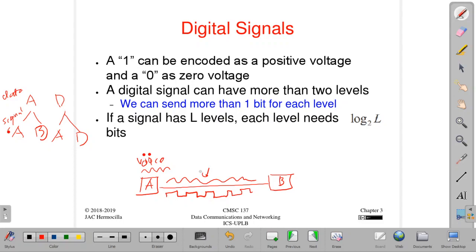If we use an analog signal, that will be the telephone system or public plain old telephone system, and for digital, this can be, say, voice over IP, right?